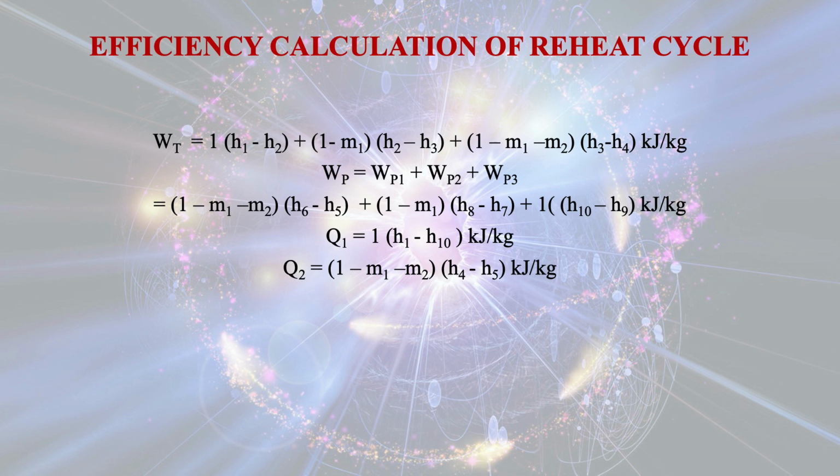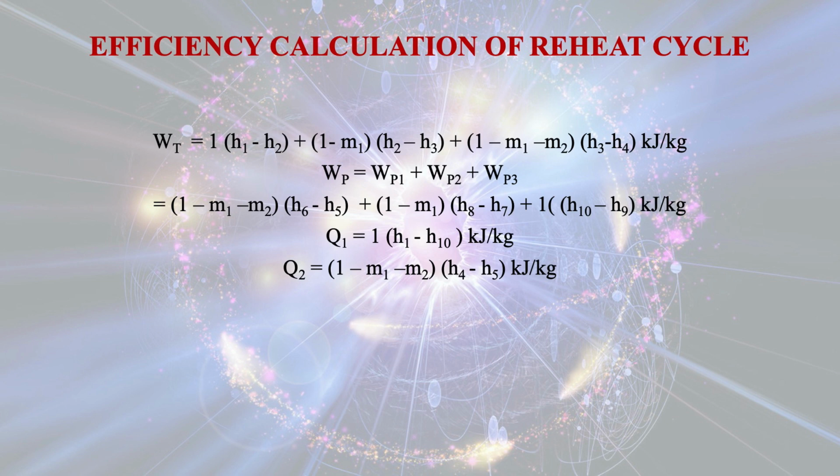Now WP is the total net work by the 3 pumps, equal to WP1 plus WP2 plus WP3, because there are 3 pumps. So WP is equal to (1 minus M1 minus M2) multiplied by (H6 minus H5) plus (1 minus M1) into (H8 minus H7) plus 1 into (H10 minus H9).